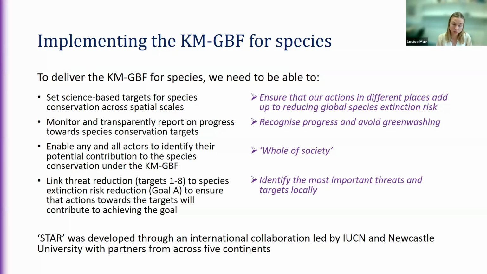And then even down to the local scale, you really do need to know what the major threats to species are in order to start planning action. So it was really to meet this range of needs, when you're thinking about translating global species goals and targets down to actual action at the local and national level, that STAR emerged, basically.